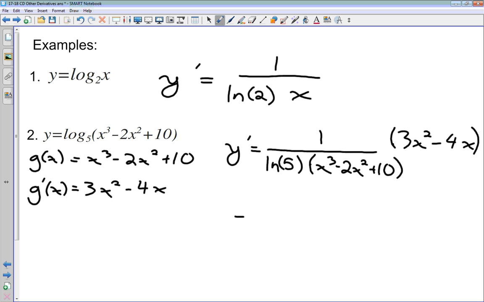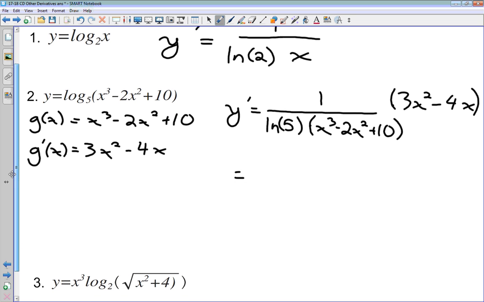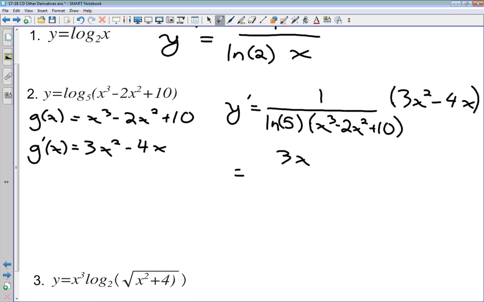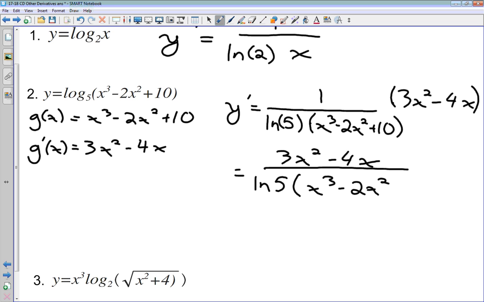So if you wanted to clean this up a bit, of course, you could write this as a single fraction, 3x squared minus 4x all over ln 5 times x cubed minus 2x squared plus 10. Okay.